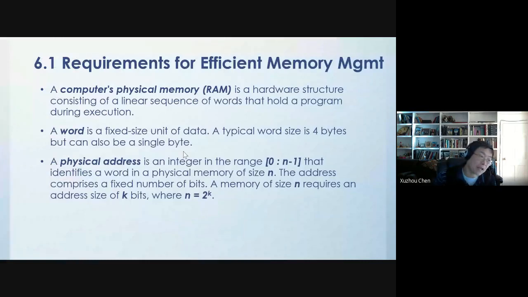Now, before we discuss the operating system memory management part, let's first talk about the computer memory.